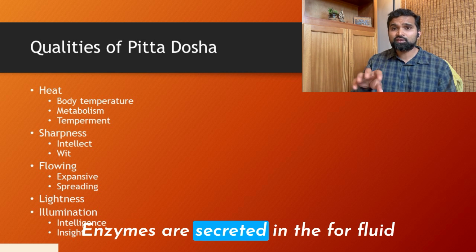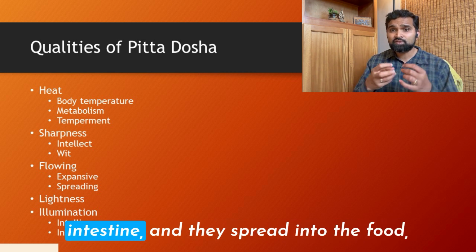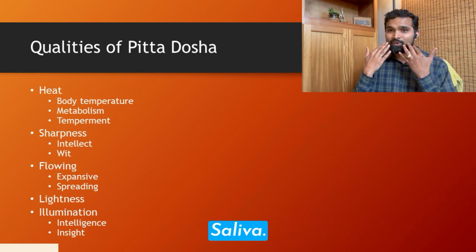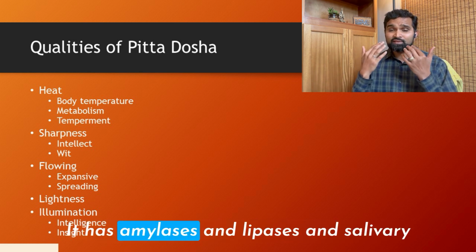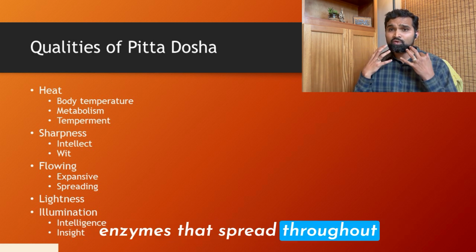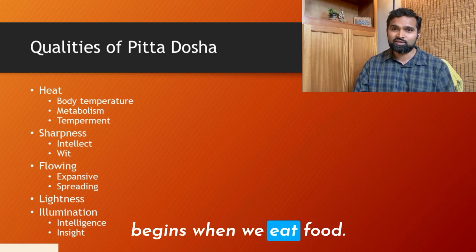Enzymes are secreted in fluid form and spread throughout the intestine and into the food, and that's how they digest it. Saliva has amylases, lipases and salivary enzymes that spread throughout the mouth and into the food, and that's how digestion begins when we eat.